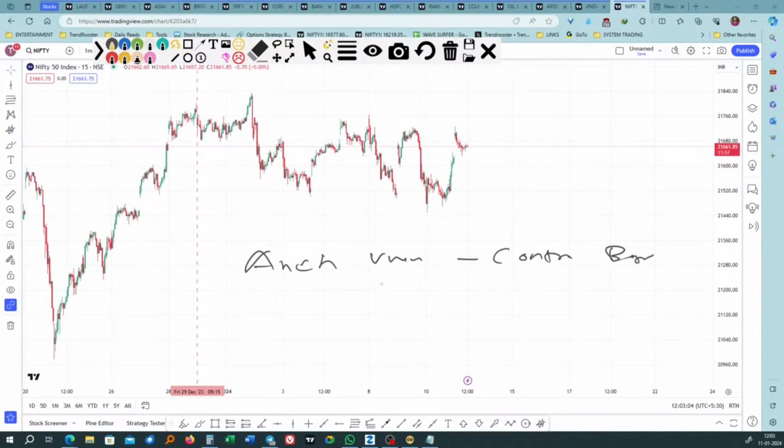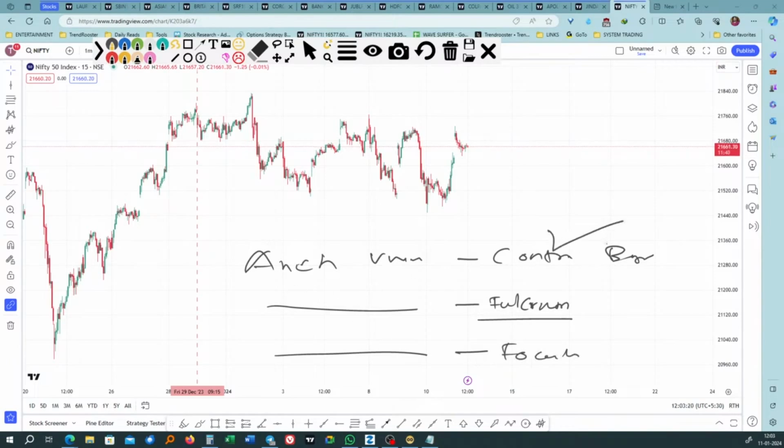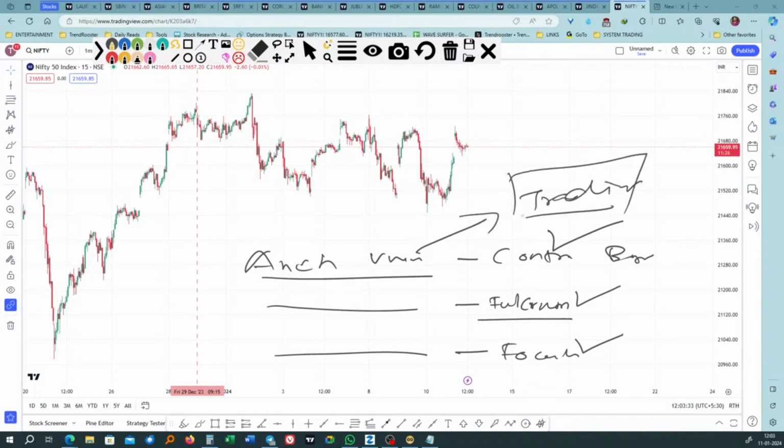There is also an anchored VWAP using fulcrum to enter, and the focal point. So multiple methods are there. I just shared the contract beginning date. So fulcrum points are there, and focal points are there, and using anchored VWAP, we can also create trading systems, because it's a pattern forming. Based on the pattern, we can create them.